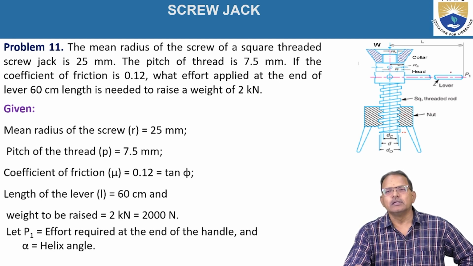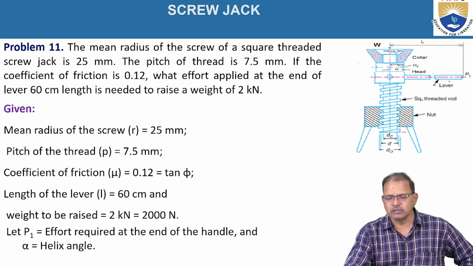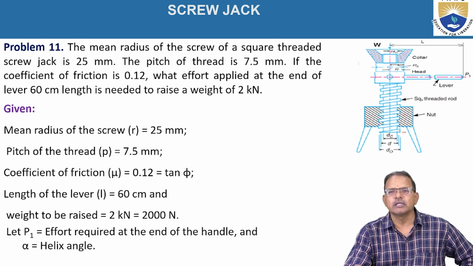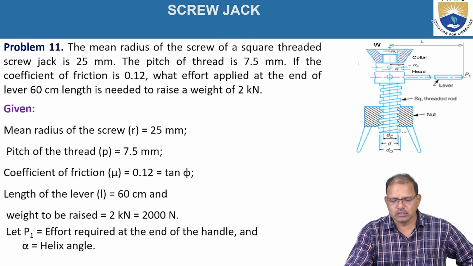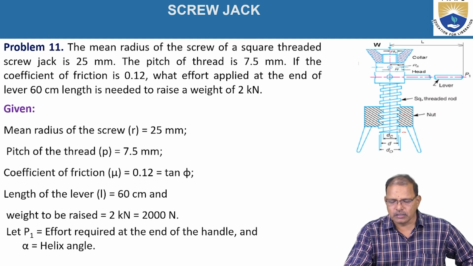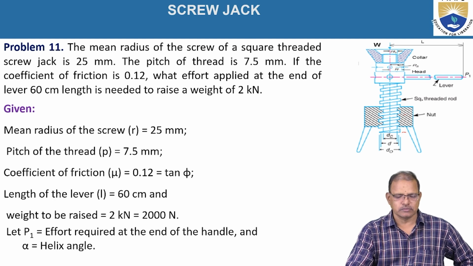Generally, equally spaced slots are provided for inserting the lever so that it can be rotated in clockwise and anti-clockwise directions. Over the head of the square threaded rod, a freely rotating cup is provided. The weight is placed on it and can be raised or lowered depending upon the direction of rotation of the screw.